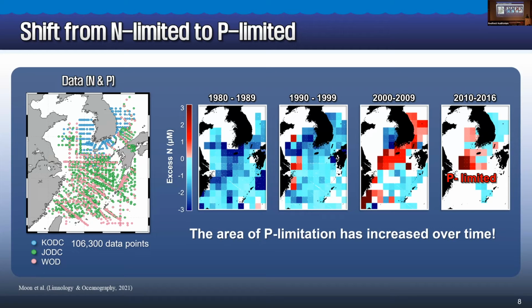And second, the area of P limitation in red has increased over time, particularly in the area located downstream of the Changjiang River. The Changjiang River discharge N:P ratio is over 100. So a tremendous amount of excess nitrate is put into the East China Sea, and it is carried all the way up to the Korean coast, south of the Korean Peninsula.